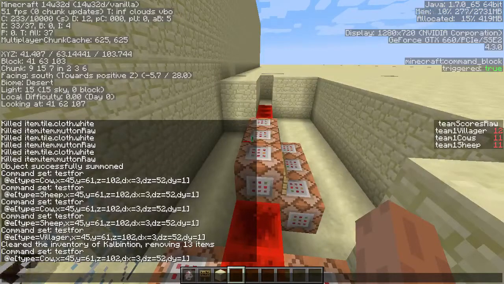They can do relative coordinates, can they not? X, Y, Z, how about that? Hmm.